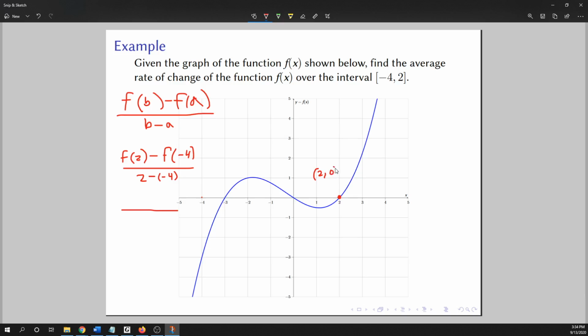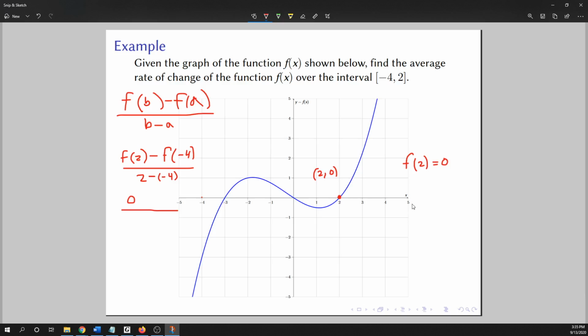So that tells us that f of 2 is equal to 0. In other words, if we had the formula for this function, which we don't, and we plugged in a 2 for x, that would give us a y of 0, because it is a point on the graph. So we know that would be 0 right here.